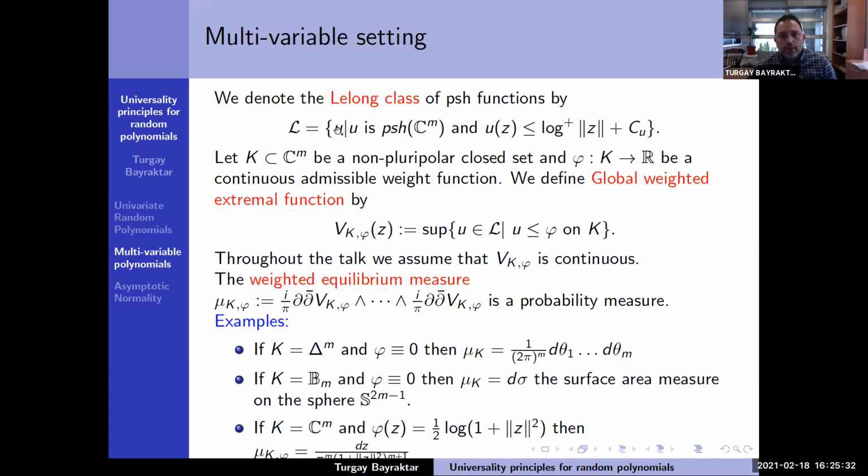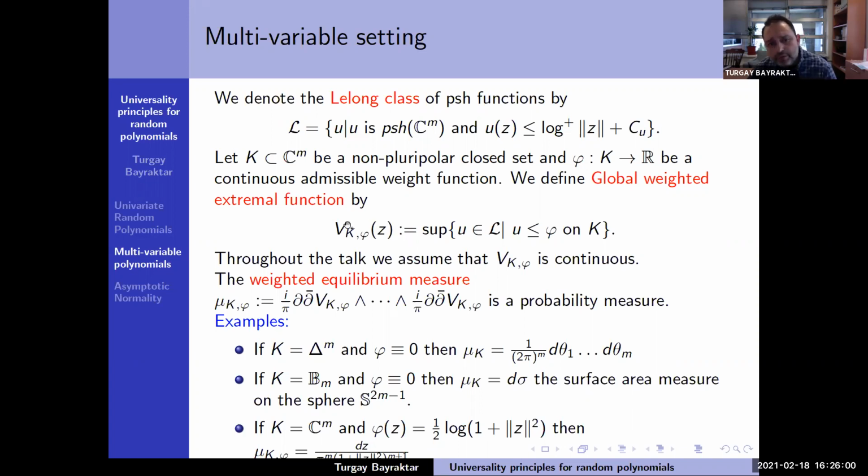Now here, let K be a set which is not so small, that means non-pluripolar in terms of this pluripotential theory. And again, we are taking a continuous weight function phi in order to define our inner product, like in the one variable case. Now, there is a version of V_{K,phi} in several complex variables.